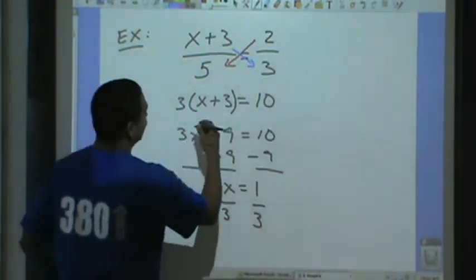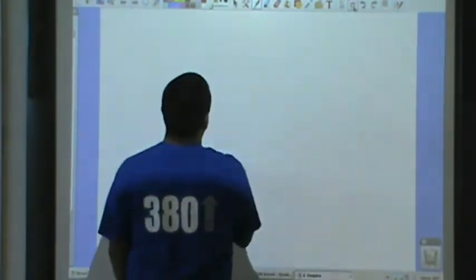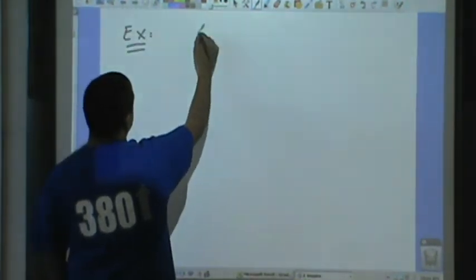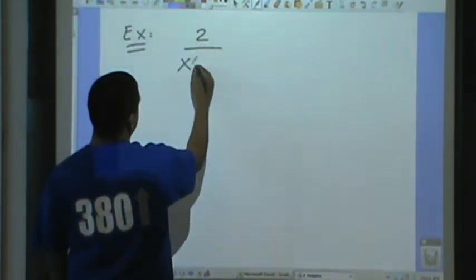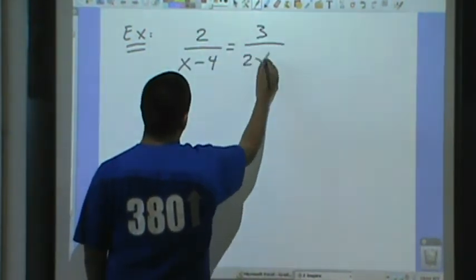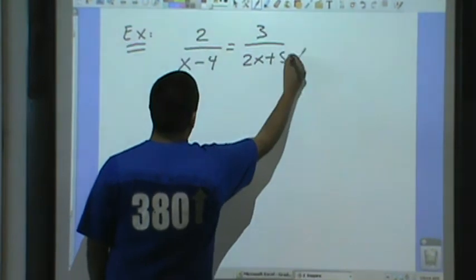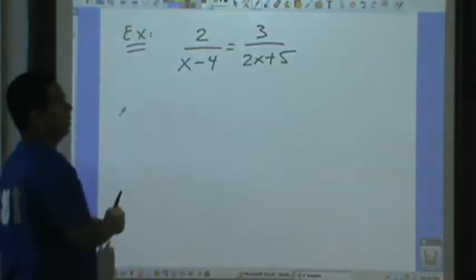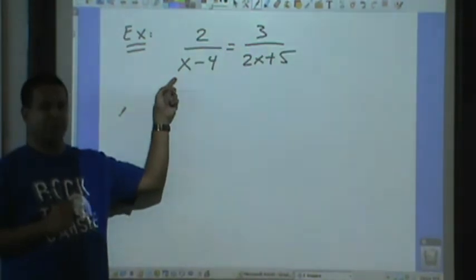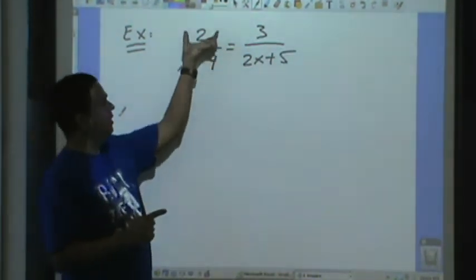Ready? Alright. This one will look just again, just a little different. Okay. So does this one look a little scary? No. Okay, it's still a proportion.